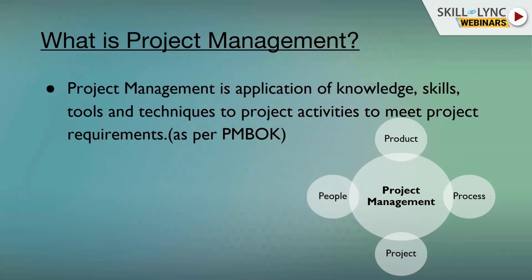Basically, project management involves 4 P's. For the delivery of a particular product, we need a certain kind of process. That process can be done with a certain set of skilled and experienced people, right? Those skilled and experienced people form this chain of actions and sequential activities which comes under process to deliver that particular product.